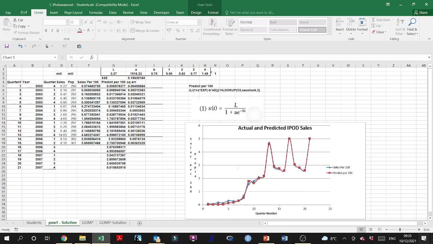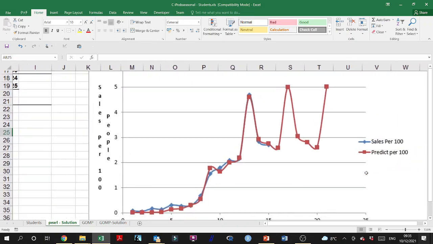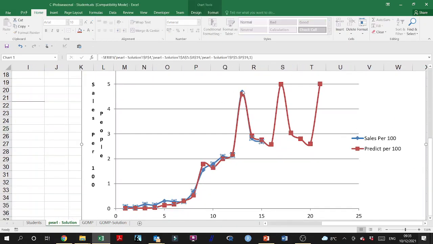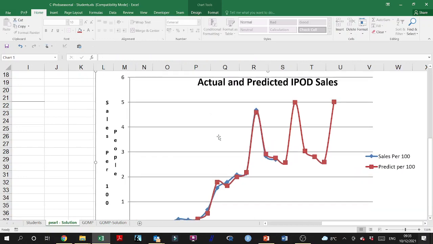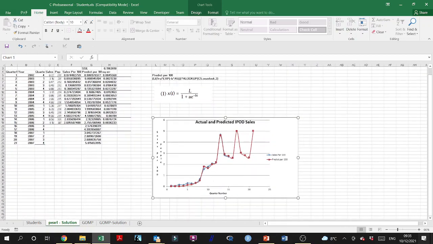Over here, if I zoom, there's a blue line underneath the red. Up to here we are done with the actual. And then the predicted has also given a very good prediction based on the previous year's corresponding cycle. So that's really good, isn't it?